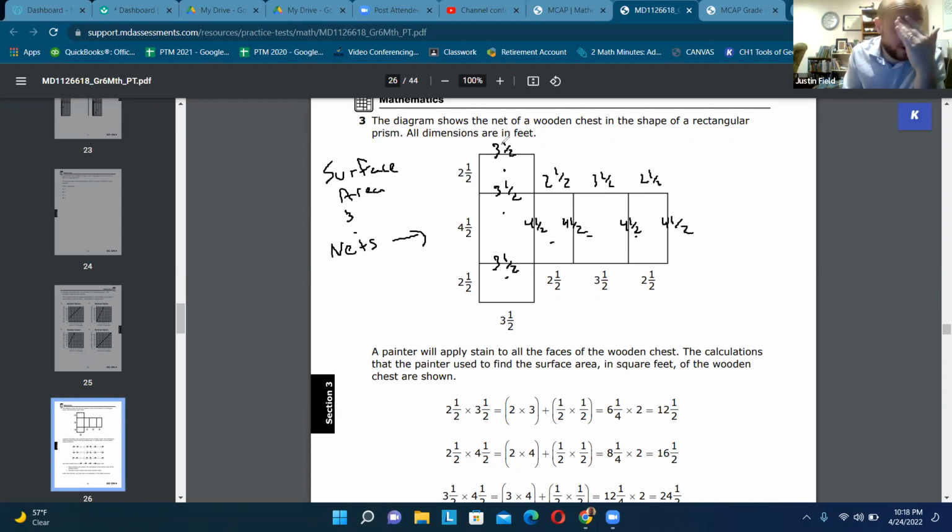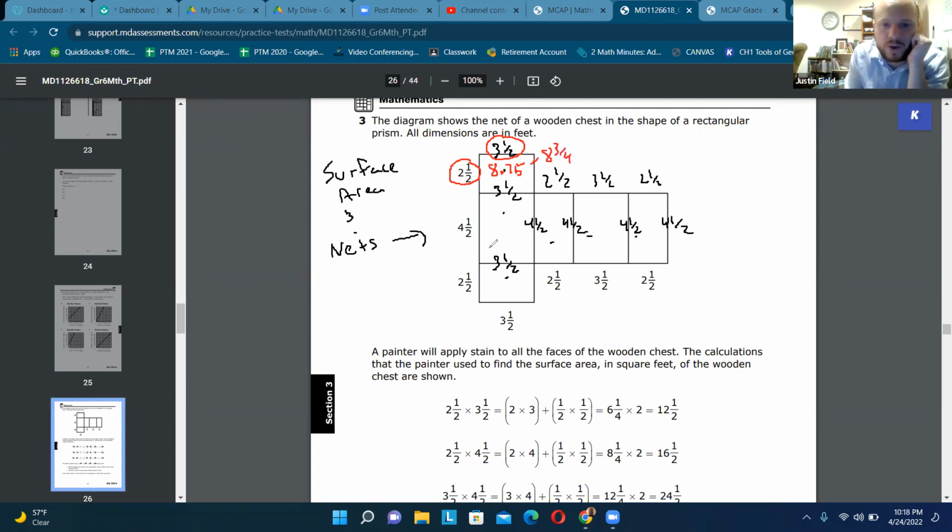And in order to figure out the areas of each rectangle, we just multiply the height and the base together. So what is 2.5 times 3.5? 8.75. So is that 8 3/4?